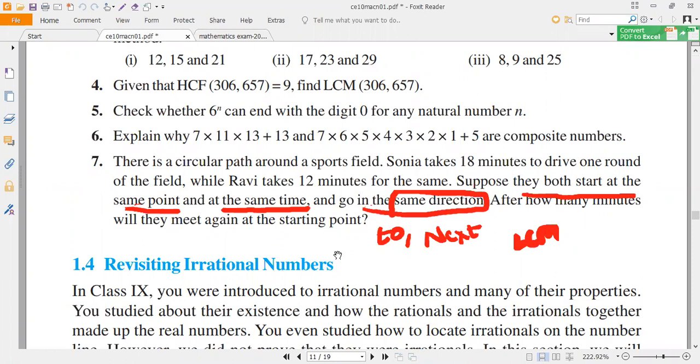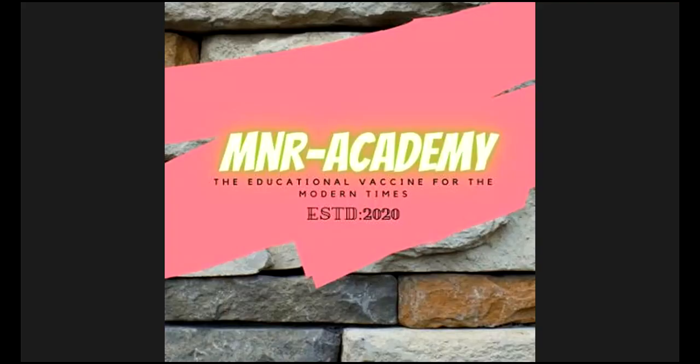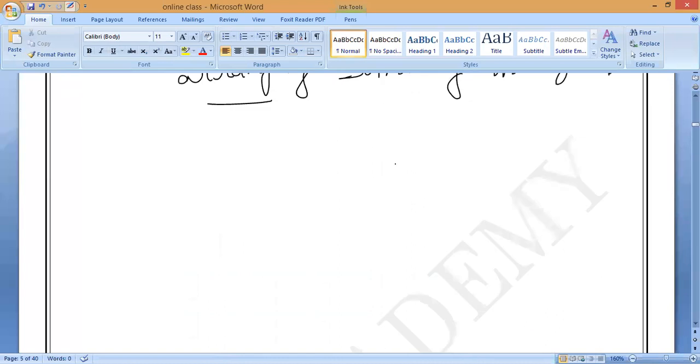What is the LCM? Use the factorization method. All of you got the same answer, 36? Here both Sonia and Ravi move in the same direction at the same time, so it represents LCM. So the LCM of 18 and 12.